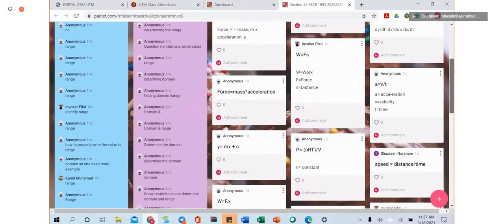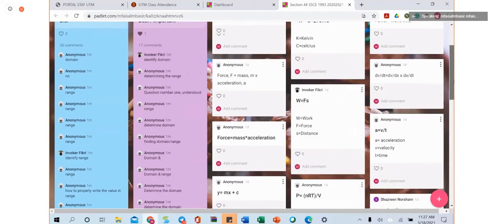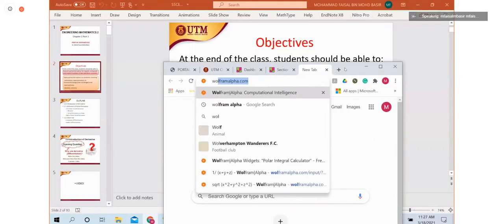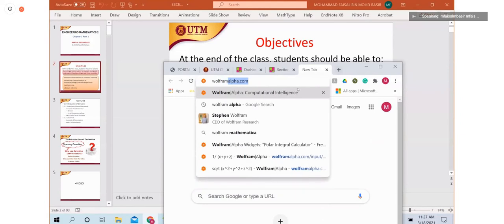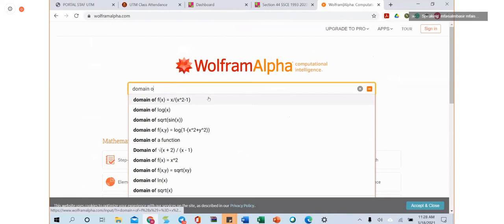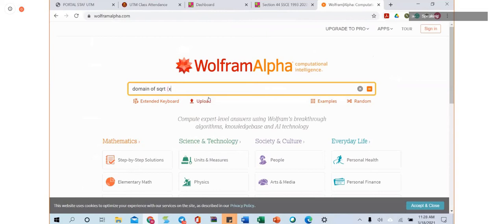Range, okay, range is difficult. I identify the range is a little bit difficult, but with practice, if you do a lot of questions, you can refer to Mathway or Symbolab to check for your test or final. So for practice, you can use it to check. Let's say square root of a square.